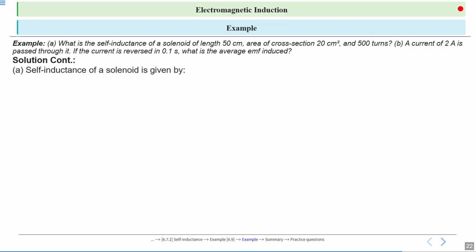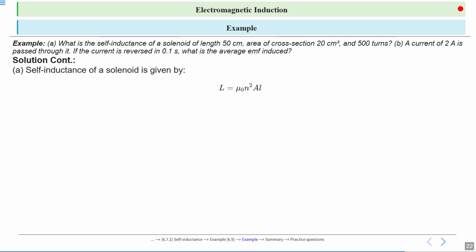Now part A. Self-inductance of a solenoid is given by L equal to mu naught n squared A l. If you are using capital N in place of small n, then put n equal to capital N upon l, which results in capital N squared upon l squared. So l squared in the denominator and l in the numerator, so one l gets cancelled out.